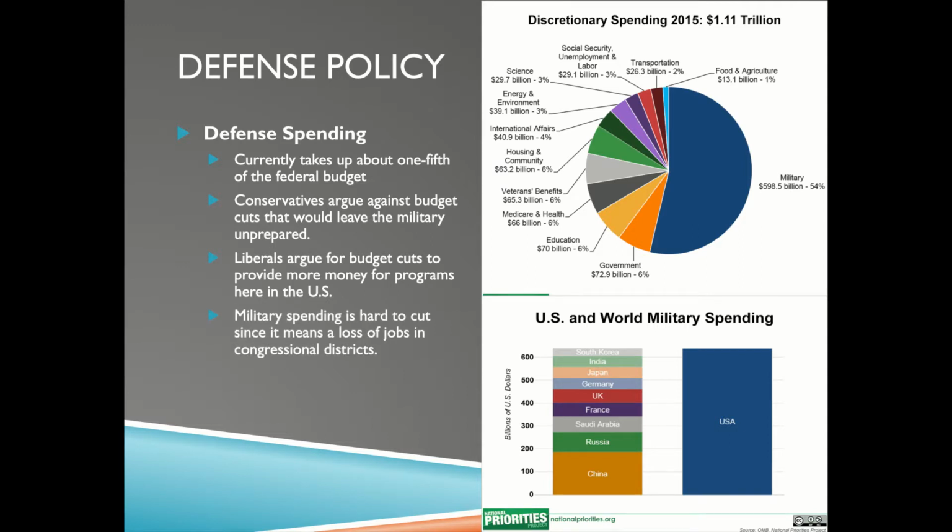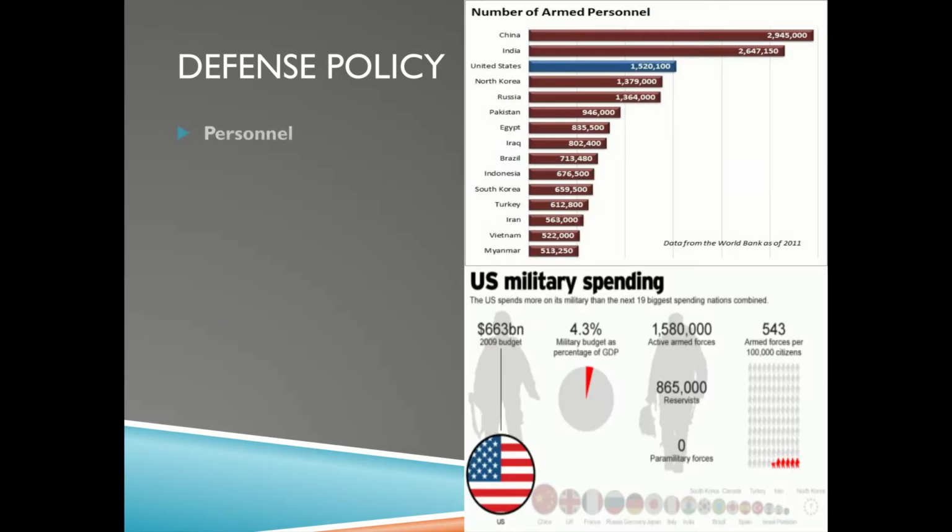All right, military spending is hard to cut since it means a loss of jobs in congressional districts. Like, for example, the new F-35 plane that they're building, parts of that are built in all 50 states. The trend in reductions, again, reversed after 9/11, where we have spent more and more money every single year on defense. The defense policy keeps going up.